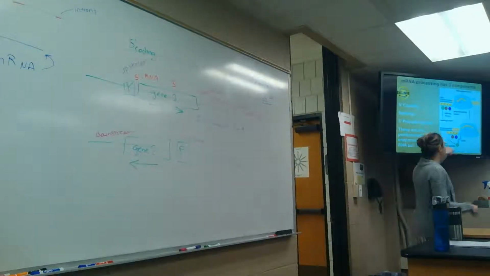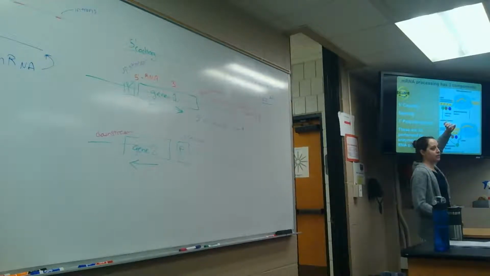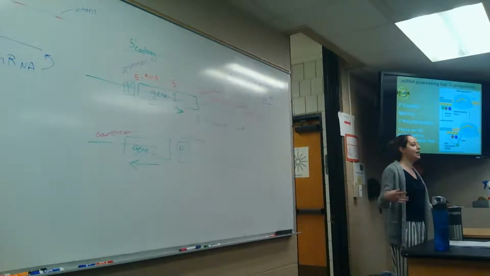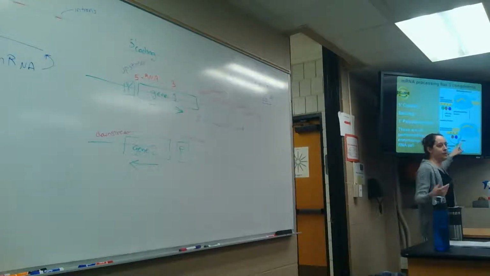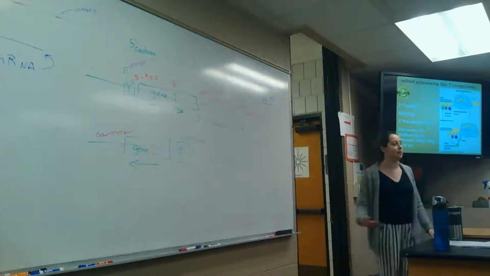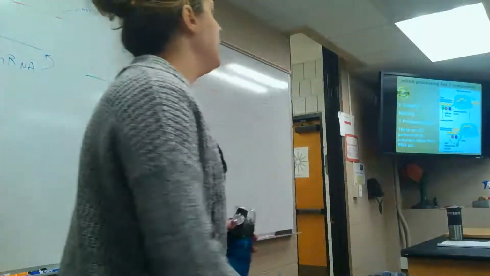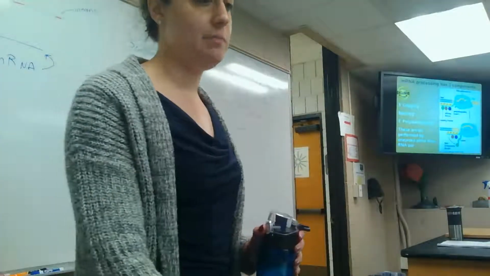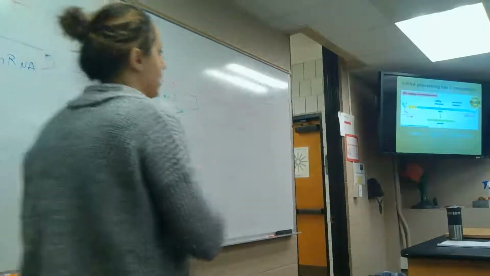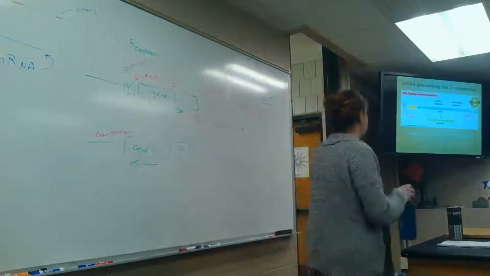The phosphate groups also act as signposts for some other proteins that localize to that area and wait for the transcript to be made so that they can start processing the mRNA. These are the enzymes responsible for adding the 5' cap, the 3' tail, and doing the splicing. So this is what mature mRNA looks like.